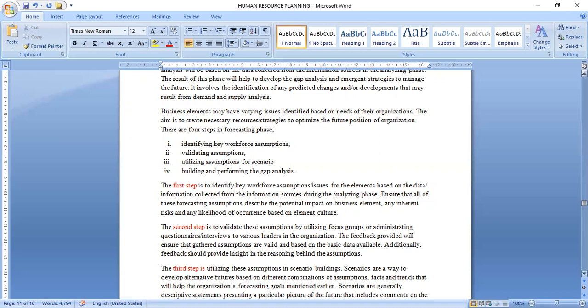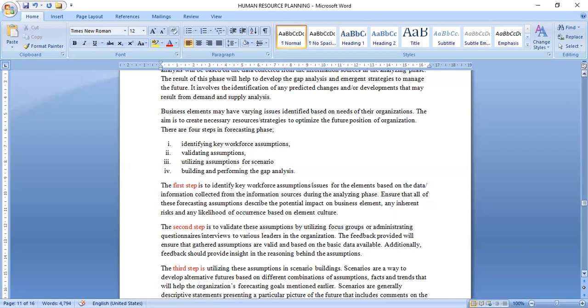So in the forecasting phase, the first step we carry out is to identify key workforce assumptions. Basically, we shall be analyzing the information that we have attained from the first phase of the human resource planning process, which was analyzing. So we use that information to know what is happening on ground.